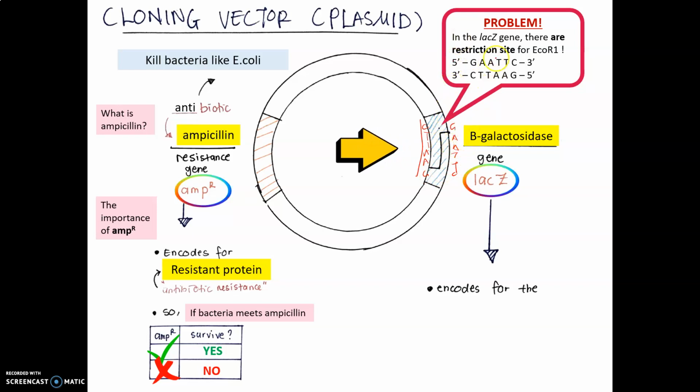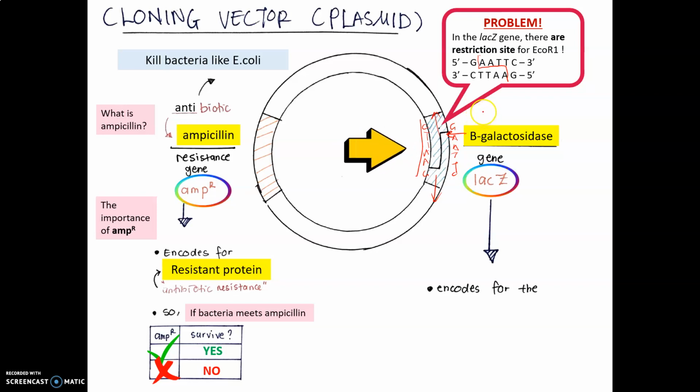Maksudnya sekarang kalau let's say adanya EcoR1, dia datang, dia akan cut, dia akan produce this staggered cut, dia akan memisahkan this lacZ gene. Maksudnya sekarang lacZ gene tadi dia akan become non-functional. Lebih-lebih lagi apabila tengah-tengah ini kita masuk DNA ataupun target gene, lagi lah akan menyebabkan beta galactosidase tadi inactive ataupun non-functional.